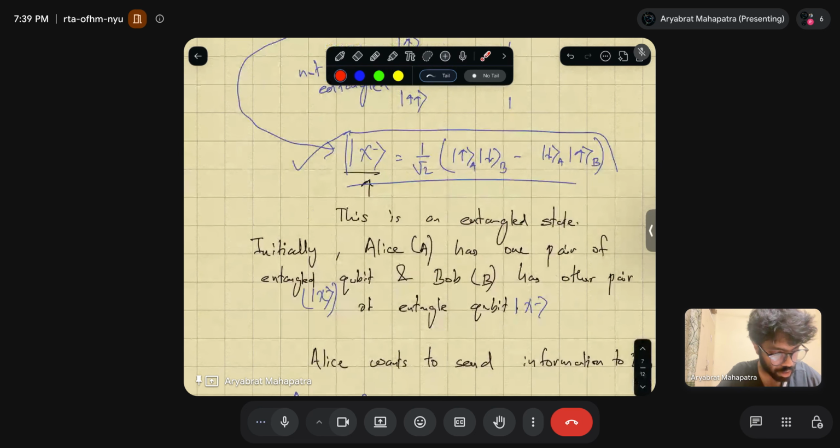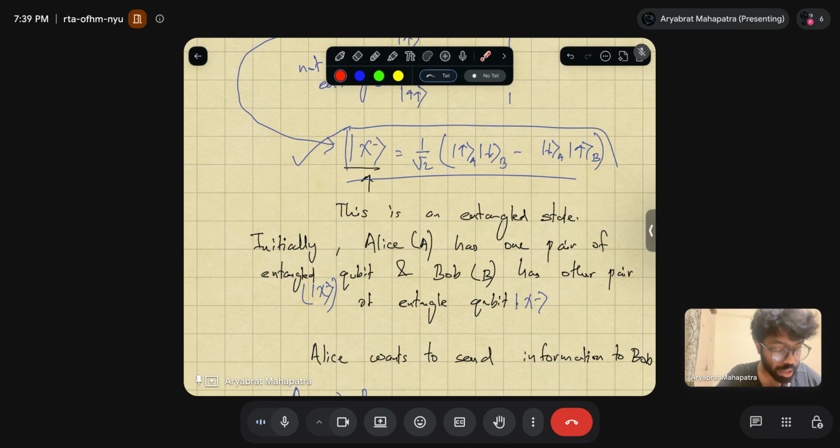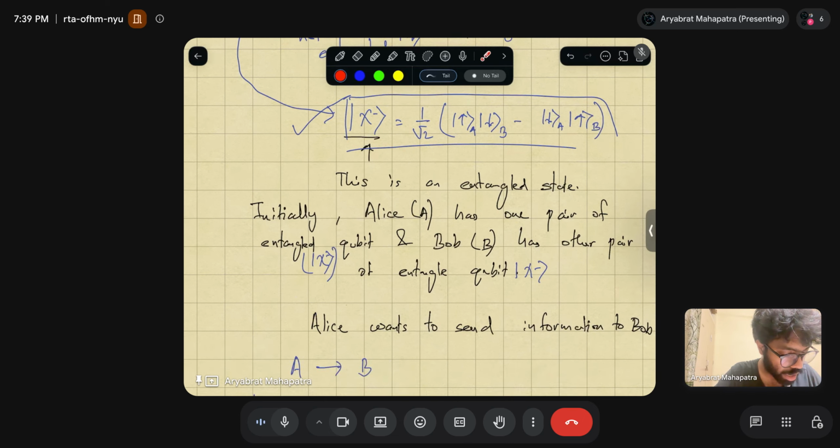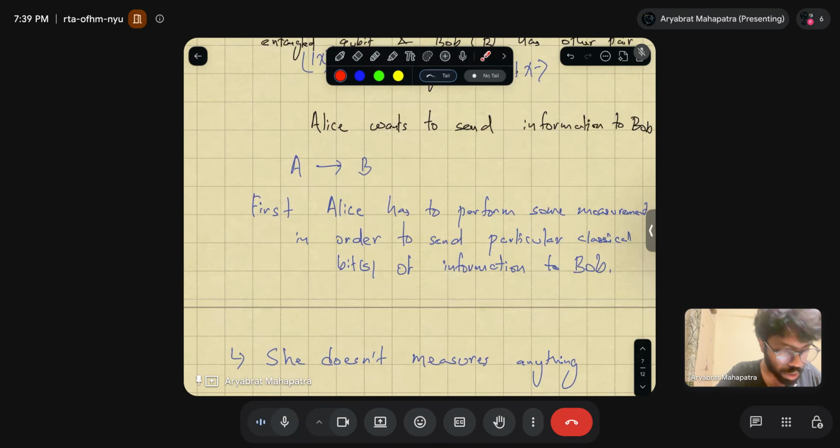And then, if I have this chi minus state, initially we have this entangled state. I have one qubit with me and the other with you. First I have to make a decision, whether I will do some measurement or not.